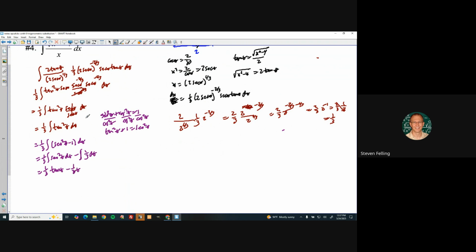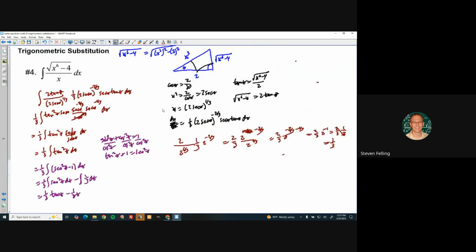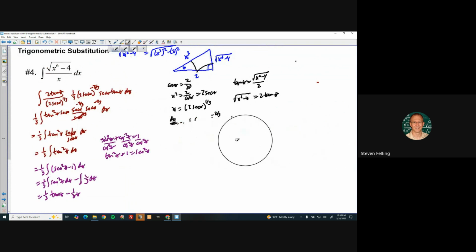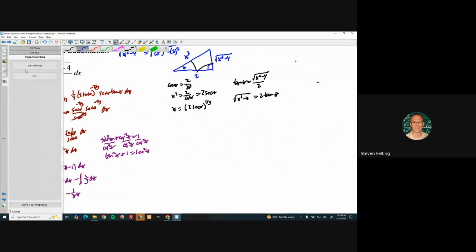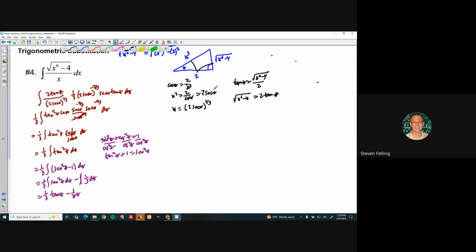All right, so after all that, I'm going to go back up here. I'm going to erase part of this. All this here. Okay. Let's look at the results. Okay, so this original integral is equal to 1/3 tangent of theta minus 1/3 theta plus an integrating constant. So we've got to replace these.